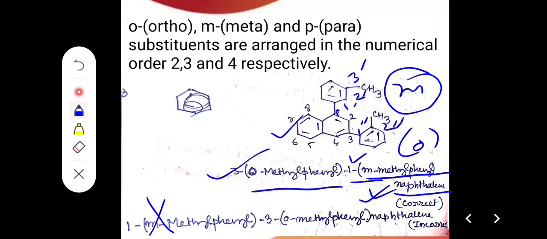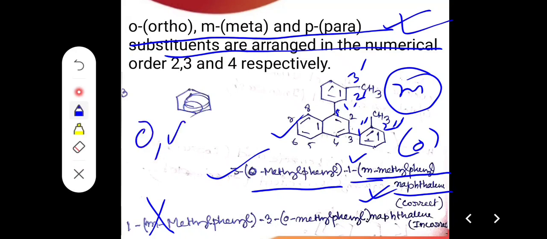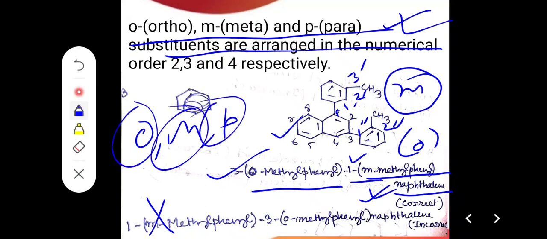Because if ortho, meta, para are given, their preference is more than the numbering system. So we have to choose ortho, then meta, then para when we write the name. We have to retain ortho first, then meta. And in the second name we retain meta first, then ortho.